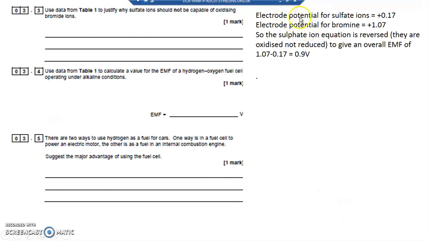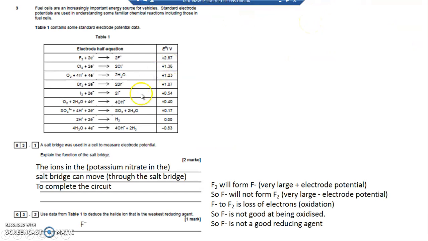The electrode potential for sulfate ions is plus 0.17. The electrode potential for bromide is minus 1.07 when reversed. So the sulfate ion would be reversed, which would give a positive value of 0.9. That's actually what's going to happen. The sulfate ions would go this way to give minus 0.17, and the bromide ions would give plus 1.07.